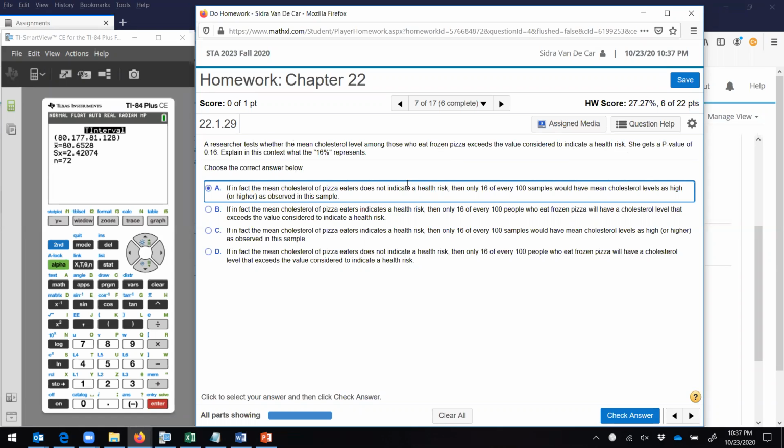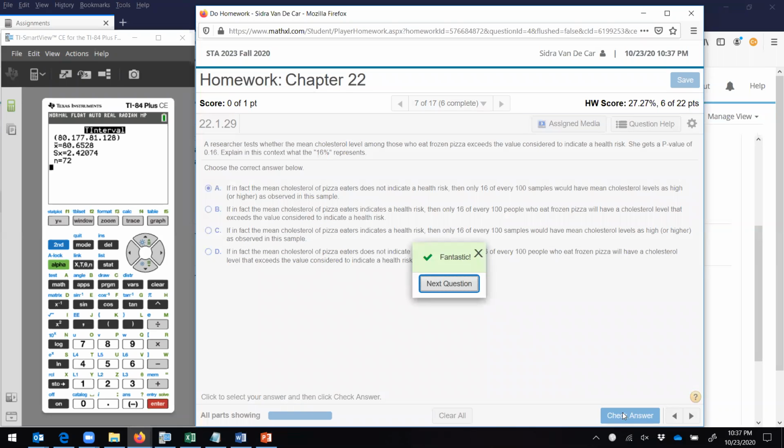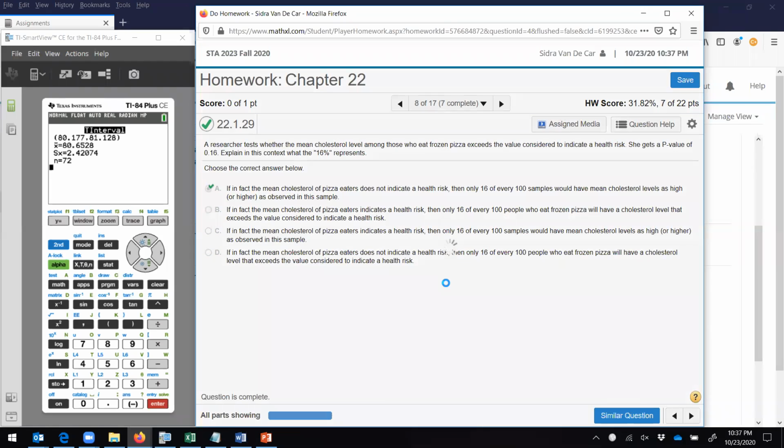Oh, okay. That's okay. So it's based on the sample that we took. 16 of every 100 samples would have a mean cholesterol level as high or higher than what we observed. That's always the meaning of the p-value that you're looking for. Okay.